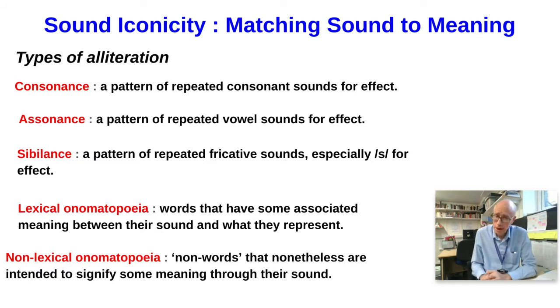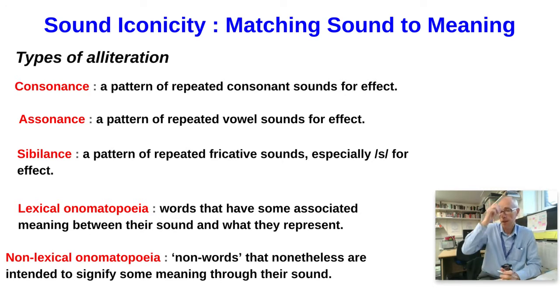Then underneath that, you've also got different types of onomatopoeia. Onomatopoeia is a sound word, and you have two types: lexical onomatopoeia and non-lexical onomatopoeia. Lexical onomatopoeia are those words that have some associated meaning between their sound and what they represent. So wash, for example, obviously has that onomatopoeic quality because it sounds like water gushing.